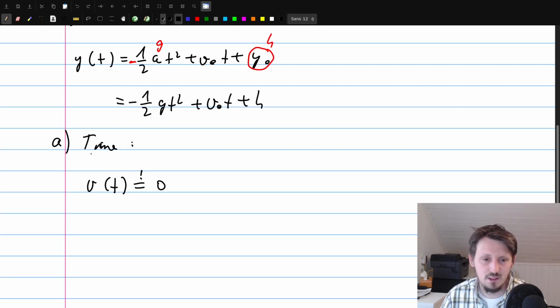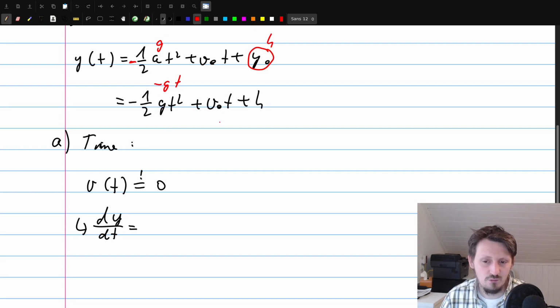So we can simply write here dy over dt, so the derivative of y with respect to t. And this is here given as, of course, minus 1/2 g t square, the derivative of that with respect to t gives just minus g t.